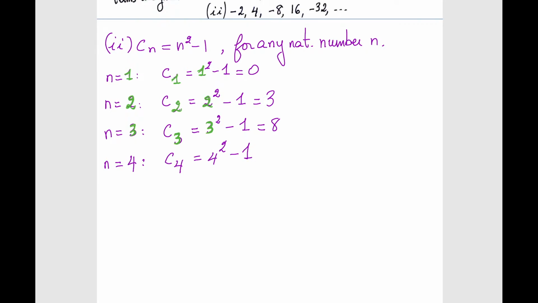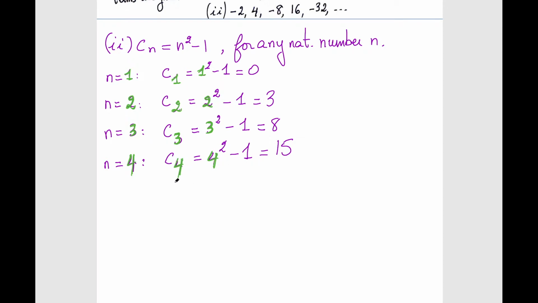I don't know if I should color this part, but let's do it. Why not? That's the n part. And this is simply 15. Am I correct? 4 squared is 16, and minus 1 is 15. So the fourth term is 15.